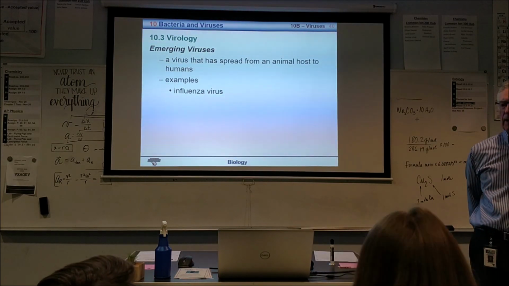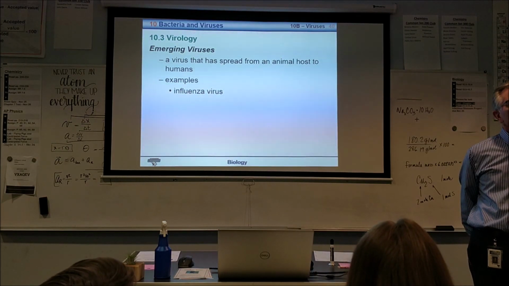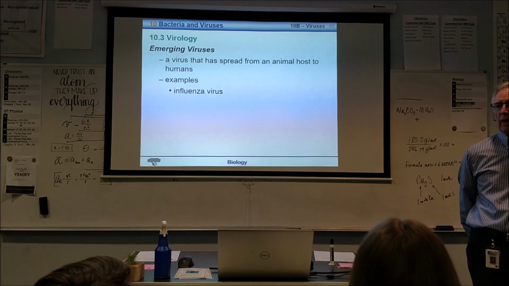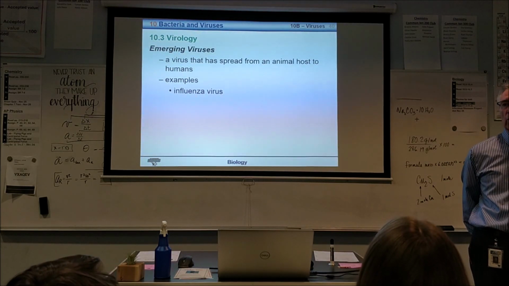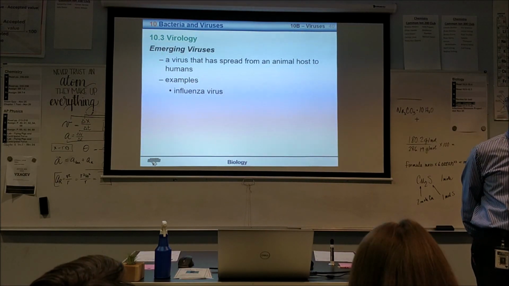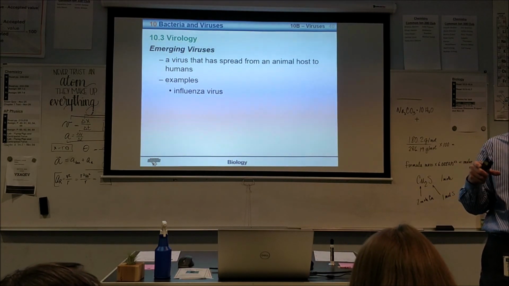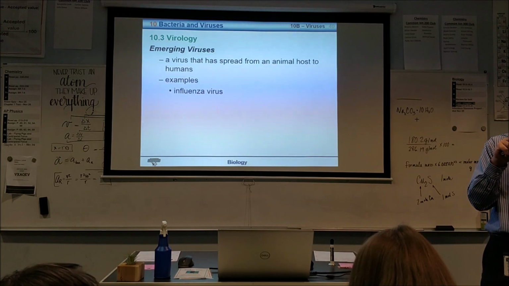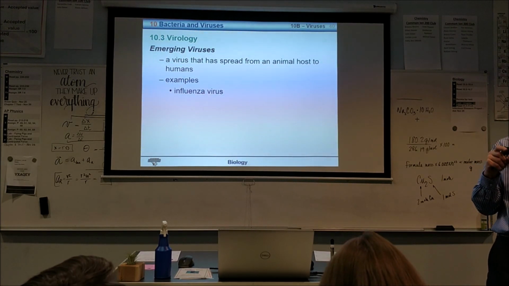There was actually quite a while back a strain or a variety of flu that was called the bird flu. It was a flu that we think originally just infected birds. It's hard to think of birds having the flu, but birds could have the flu.